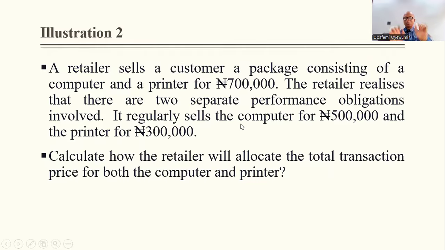The retailer realizes that there are two separate performance obligations involved. It regularly sells the computer for 500,000 and the printer for 300,000. What is the total amount if they were to be bought separately? 800,000. But because the customer is buying the two, the customer is given the price of 700,000.